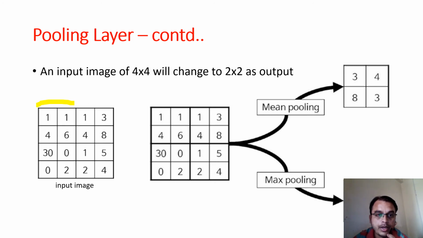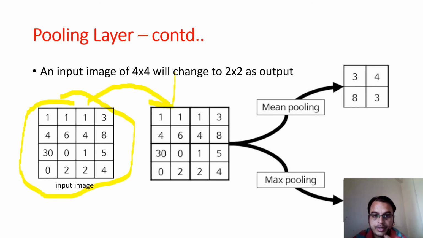From an input image, you have calculated the extracted features. Now from these features I am applying the pooling. So what do you know, max pooling and mean pooling? There are two approaches. Take the first example. In this, the first four values are 1, 1, 4, 6. Now what is the mean of these? 1 plus 1, 2, 2 plus 4, 6, 6 plus 6, 12.